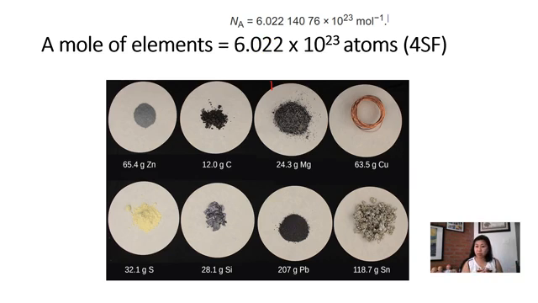So he wrote a paper on this back in the day and called the scientific community and he said, hey, fellow scientists, instead of counting individual particles, let's just collectively group them together and call it a mole. And a mole will contain 6.022 times 10 to the 23 individual particles.